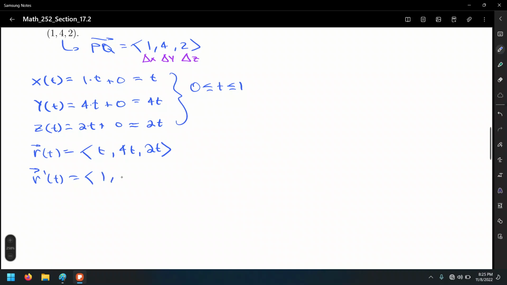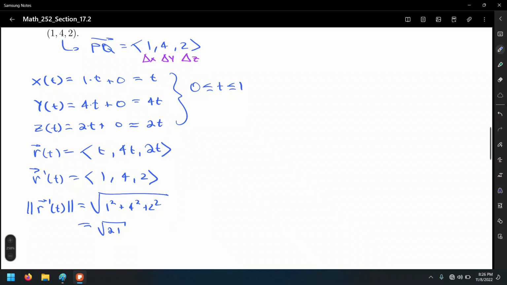So that's 1, 4, and 2. Let's find the magnitude of this. So that's the square root of 1 squared plus 4 squared plus 2 squared. And that's the square root of 21. Alright. So let's go back to the integral.